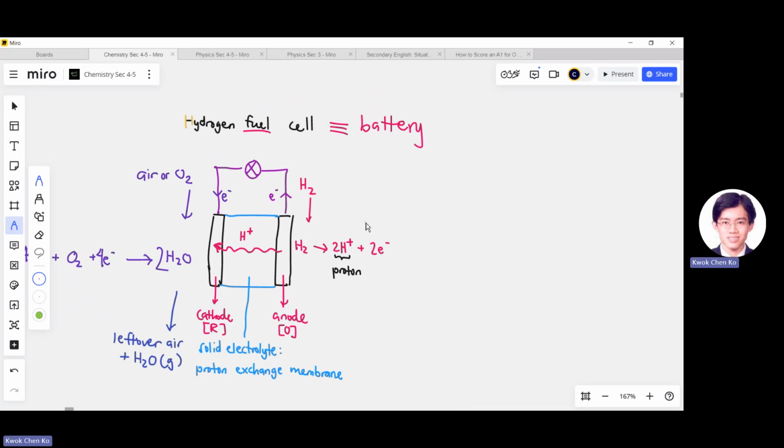So since it's a battery, identify which electrode is positive and which one is negative. You should identify correctly. This one is positive. This one is negative. How do I know? For me, I normally look at the current flow. Current flow is opposite to electron flow.